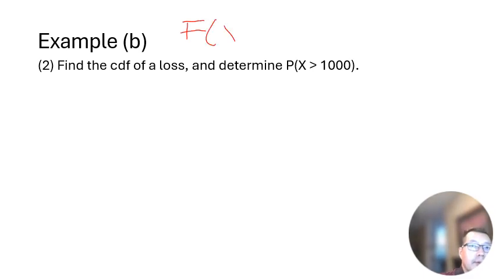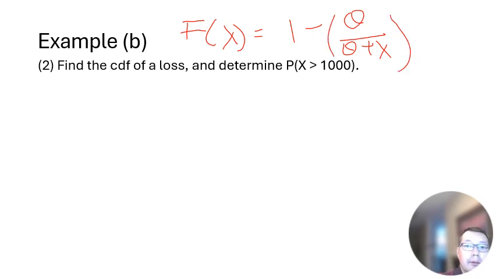Fx for the Pareto distribution is 1 minus theta over theta plus x, raised to the power of alpha. With that, we should be able to calculate this CDF.